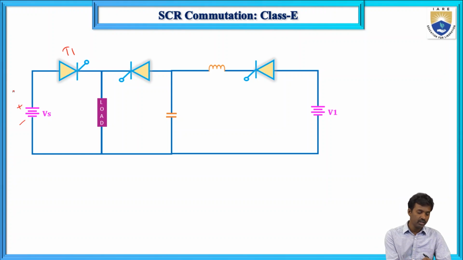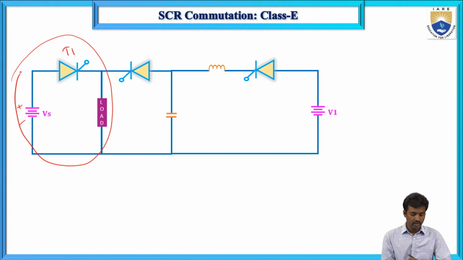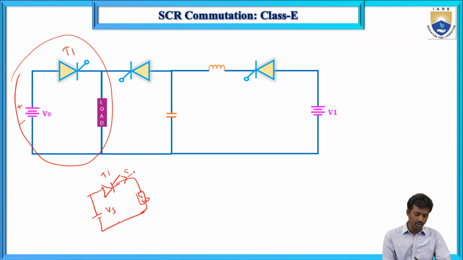This is the actual circuit: thyristor T1, the supply VS, and the load. The current I0, which is the T1 current IT1, is flowing.